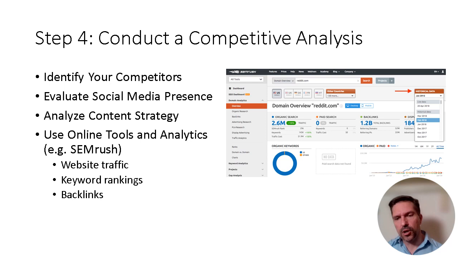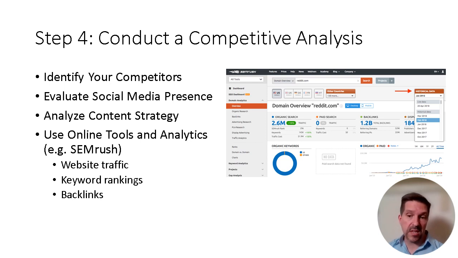But the kind of things that you're going to be typically tracking are things like traffic, right? You want to know how many people are going to their website or to their different social media platforms. But they're going to give you also information on things like keywords, so that you can know what you need to be bidding for. We'll talk about this later when we talk more about search engine marketing. And another thing that you can do is get information on backlinks.